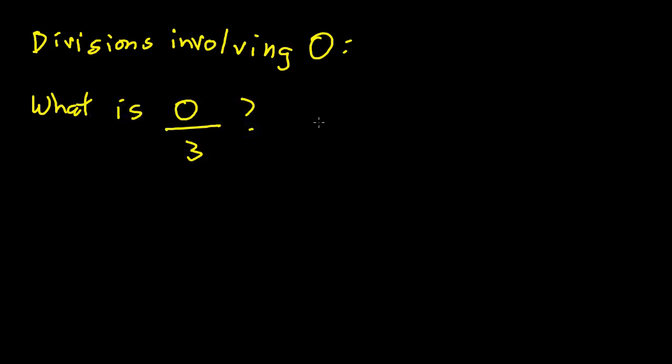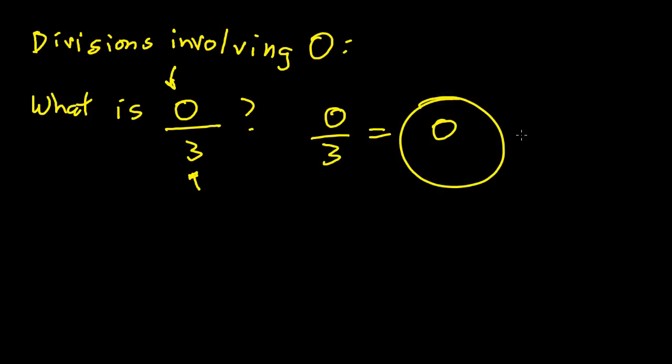I like to think of it like this. If you take 0 apples and divide them over 3 people, how many apples does each person have? Well, of course, 0. 0 apples divided over any number of people is going to yield 0 apples for everybody. So with that rationale, 0 over 3 is 0. So division into 0 will always return a 0.